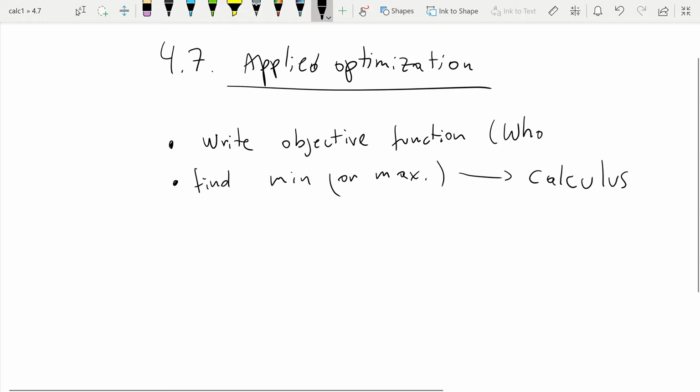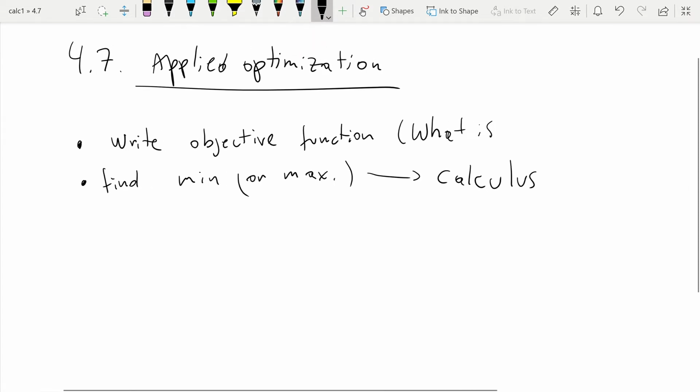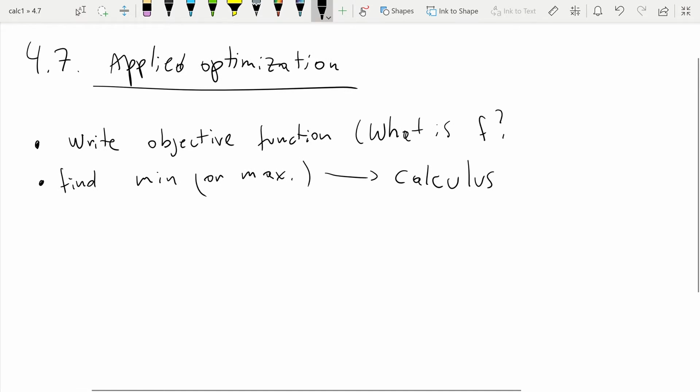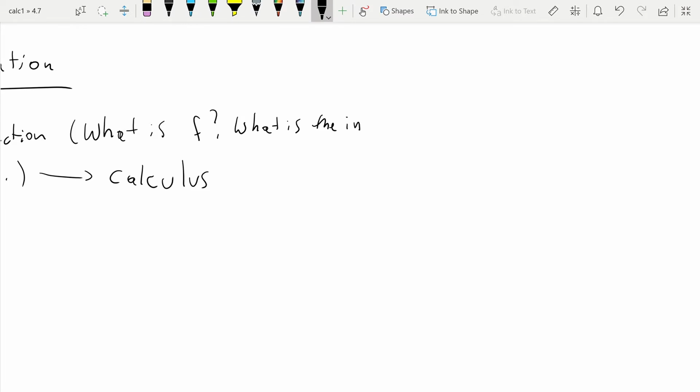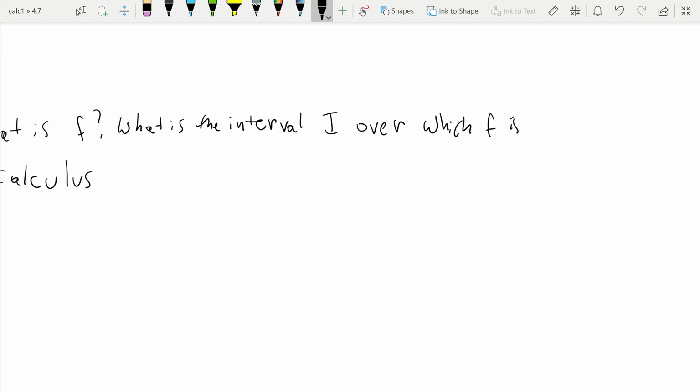For the first step, you need to extract from the problem what f is, and what the interval I over which f is defined is.